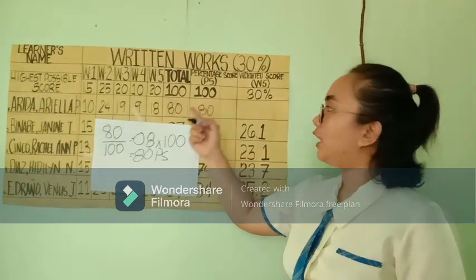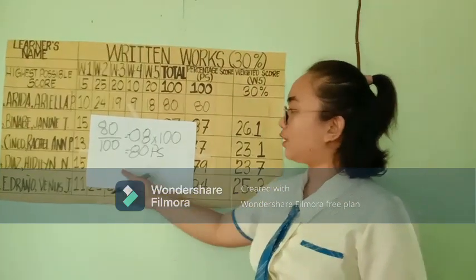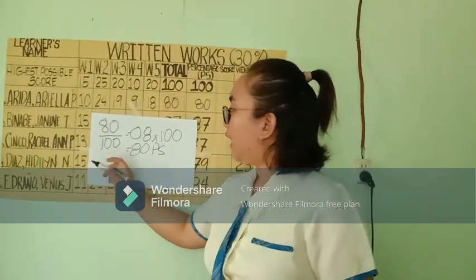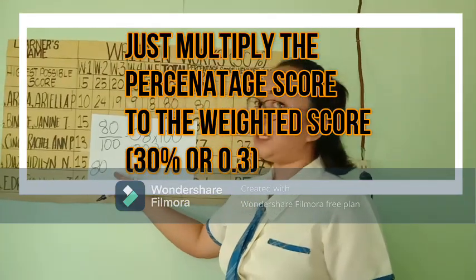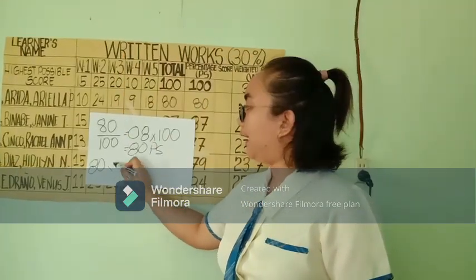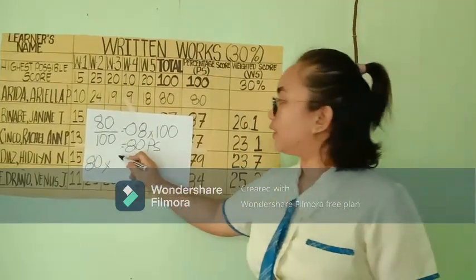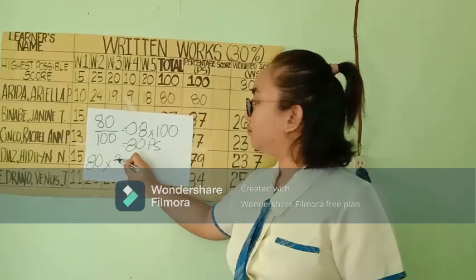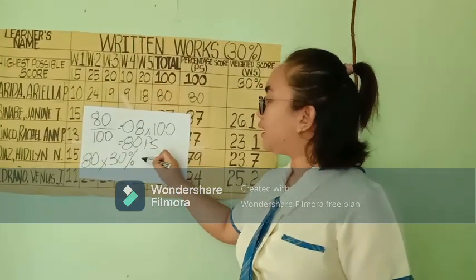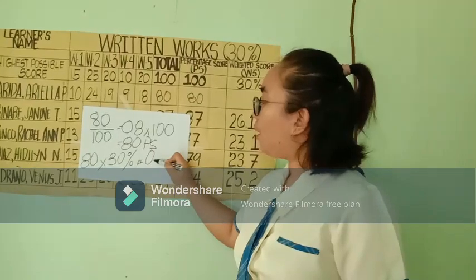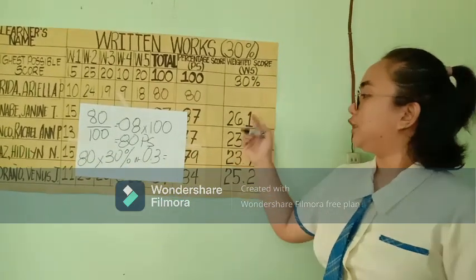Okay, on the other hand, we have the weighted score. In getting the weighted score, the percentage score of 80 will be multiplied by the 30% weight. So 80 multiplied by 30%, or 0.3, will give you 24.